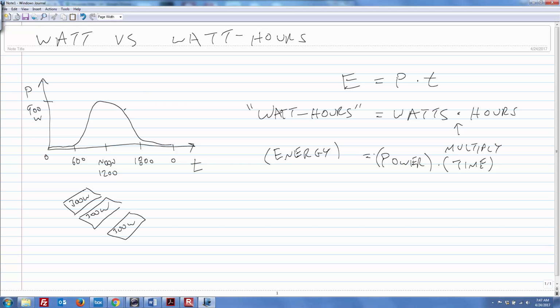So this curve is power, and all of this under here is energy. That's power and energy. So if we go back at each chunk, we can say how much energy is coming in. So each one of those little pieces is another little bit of energy.